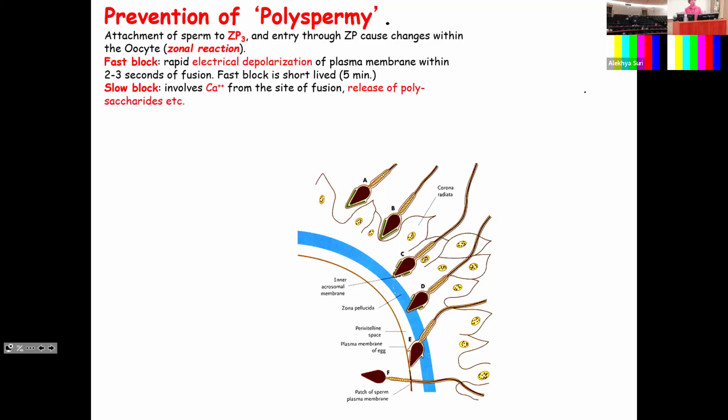Because the zona pellucida, or part of the zona pellucida, is being degraded. In particular, one component that is called ZP3, the receptor of the species. Okay, all the rest of the zona pellucida remains. Remember what I told you, that the fertilized egg or fertilized embryo needs to travel with the zona so that it doesn't implant ectopically.